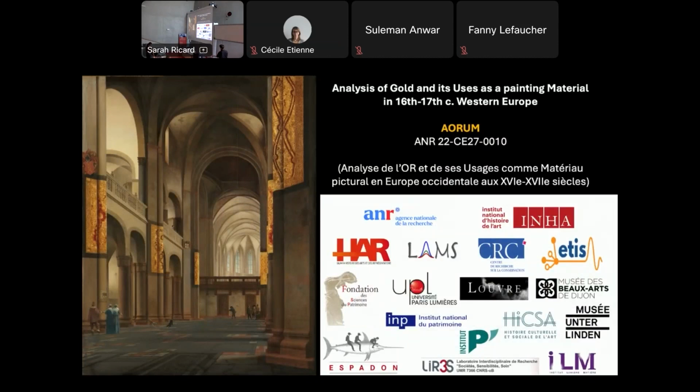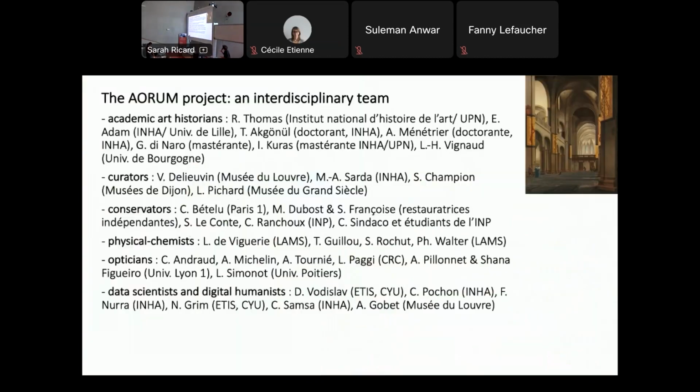So we have academic art historians, we have also curators, also conservators, who are very helpful to help us understand the techniques, as well as a team of physical chemists at the LAMS, Sorbonne Université, a team of opticians with Christine Andraud at the CRC, and also Anne Lyonnais and Lionel Simonot, as well as a team of data scientists to help us build the database that would be the main delivery of the project.